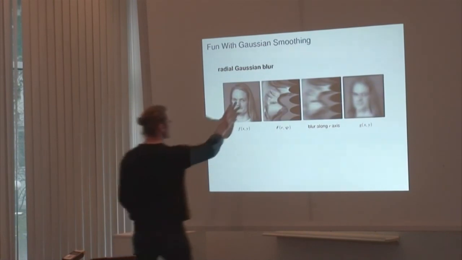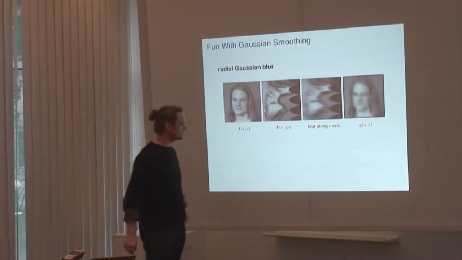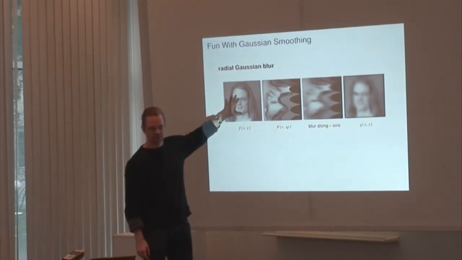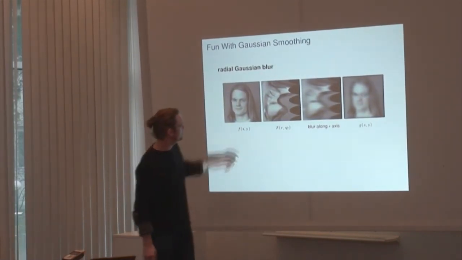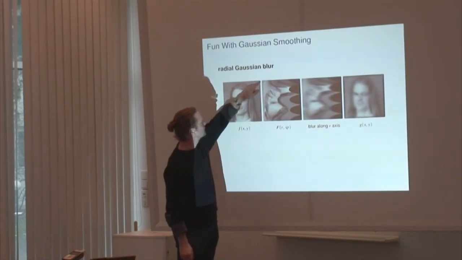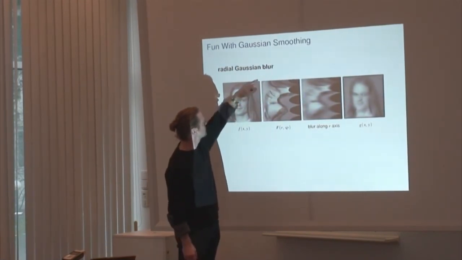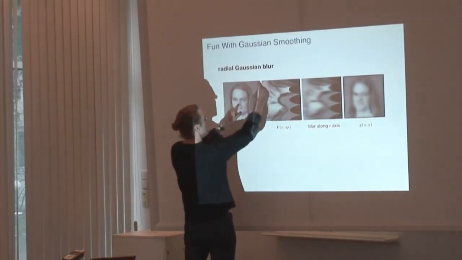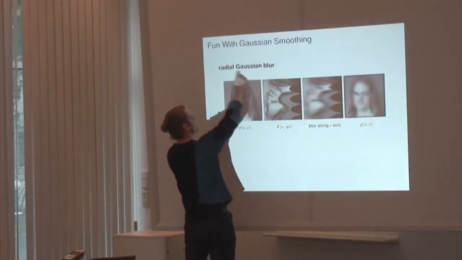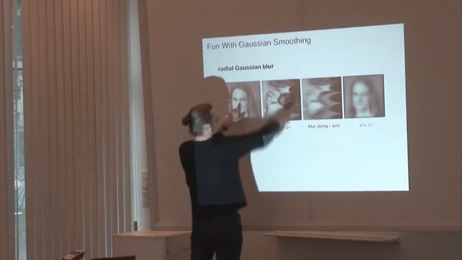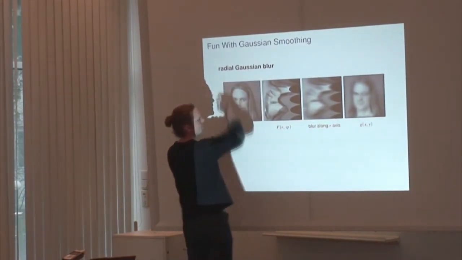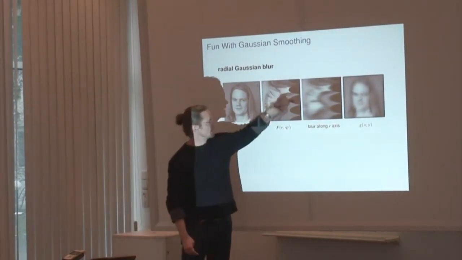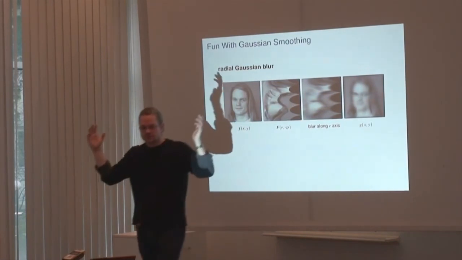Because if we go from here to here, there will be combinations of R and phi for which there is no value in here. For instance, there might be a very large radius at some angle. Say this corresponds to this line segment, and if I were to rotate this, for this very large radius there are lots of image pixels that are not really in the image, and I'm setting them to black here, because what else can I do?